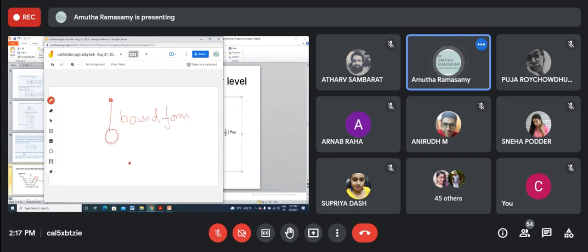Suppose I take methane. I put C and draw a tetrahedral geometry, and I put hydrogens.